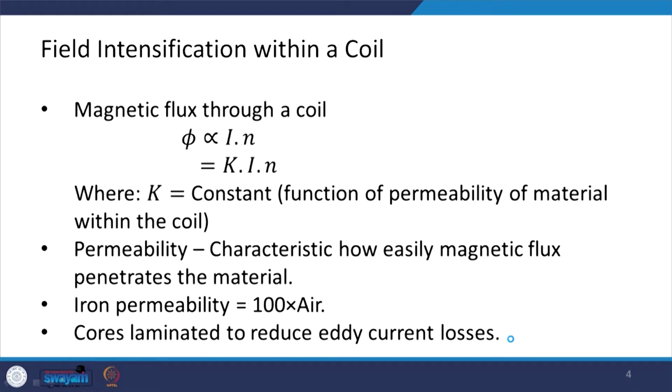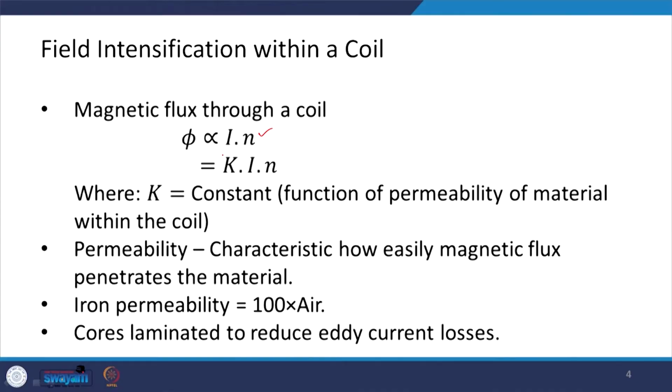Now, if we talk about the field intensification within a coil, when a current is passing through a conductor, the magnetic flux through a coil is proportional to the current passing through the coil and the number of turns in it.